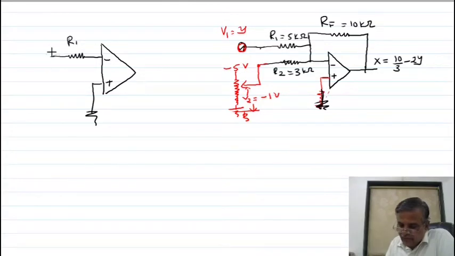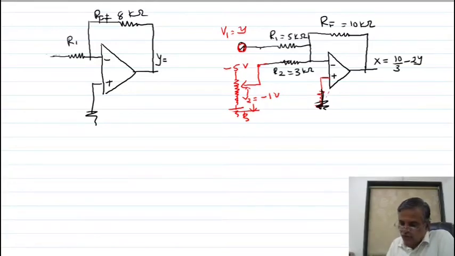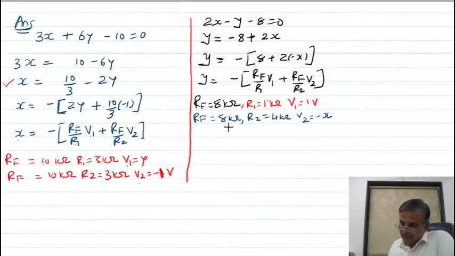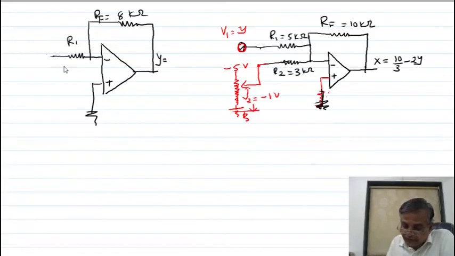Let me first complete this. You will get Y here. 8 kilo ohm we have taken for Rf, you check 8 kilo ohm. R1 is 1 kilo ohm, so I am keeping this 1 kilo ohm. And here I have to keep the 1 volt.